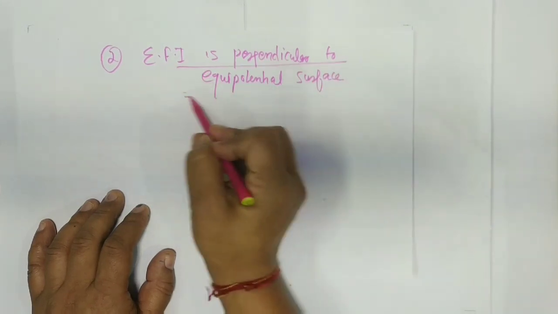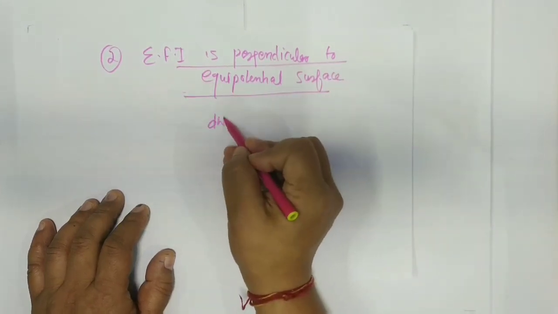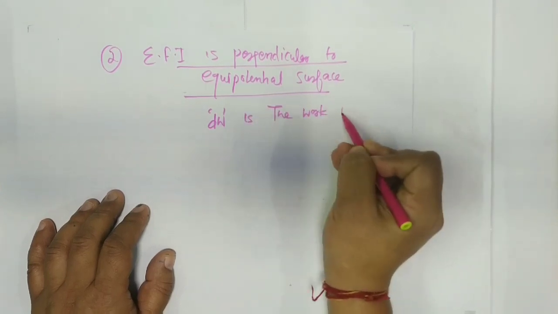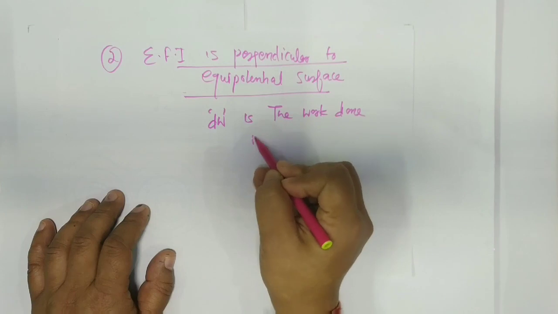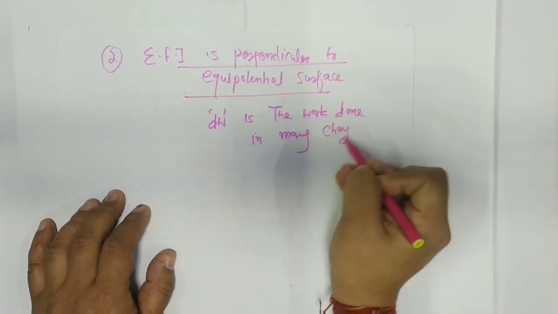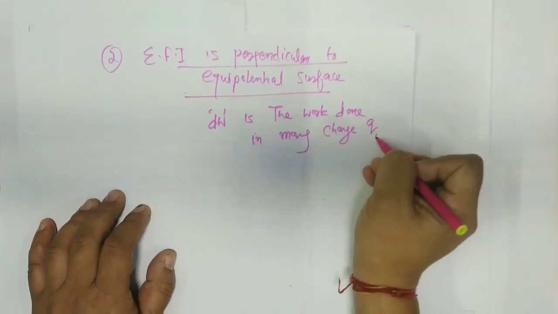Simply, we have seen that dW is the work done in moving charge Q naught.